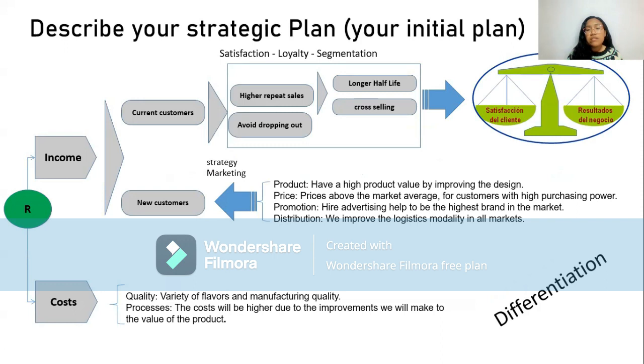High advertising, to have the highest brand in the markets. Distribution, we improved the logistic modalities in all markets. Costs, quality, variety of flavors and manufacturing qualities. Process, the cost is higher due to improvements we will make to the value of the products.